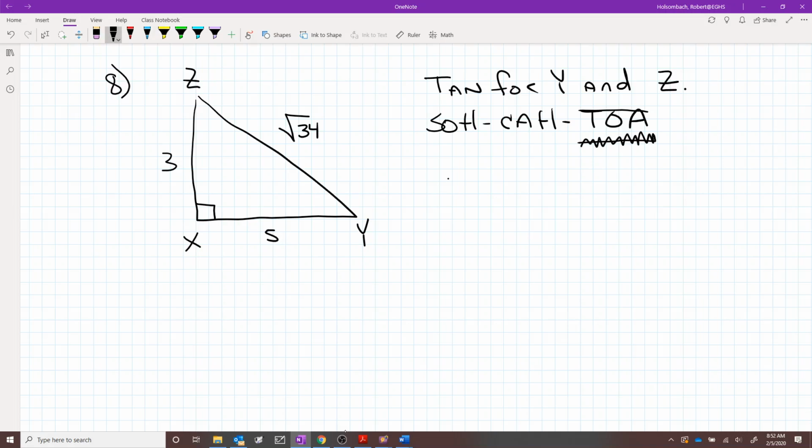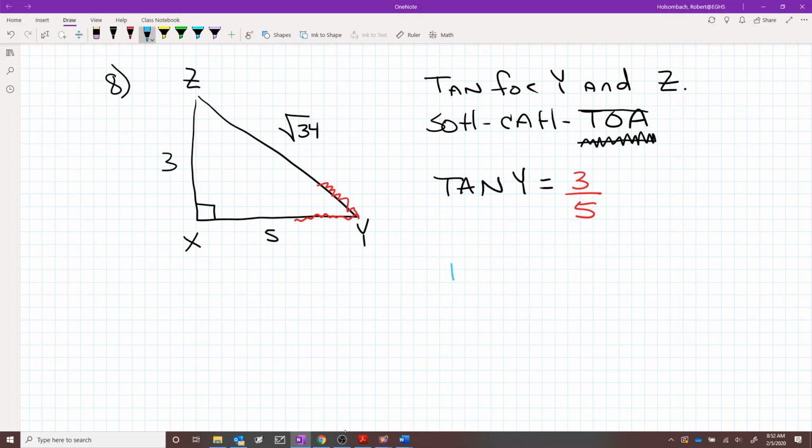So we're going to say tan of y is equal to, here's your angle y. In relation to angle y, 3 is its opposite side, and the 5 is its adjacent side. So tangent of y equals 3/5.